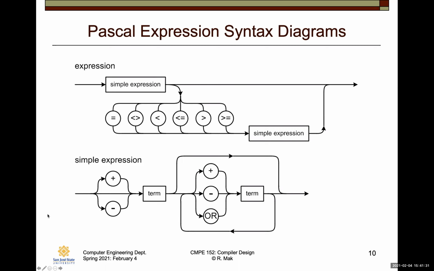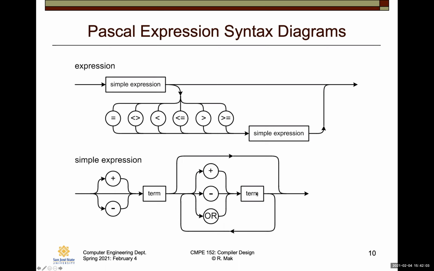So then, what's a simple expression? A simple expression could be just a term, because you follow this term and then you're done. It could have a leading plus or minus sign. Or it could be a term followed by one of these operators, plus, minus, or, and then another term. And then there could be more.